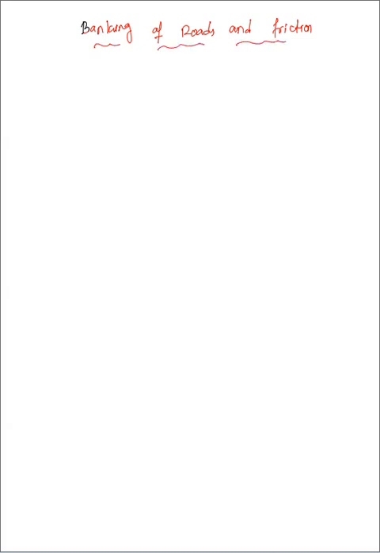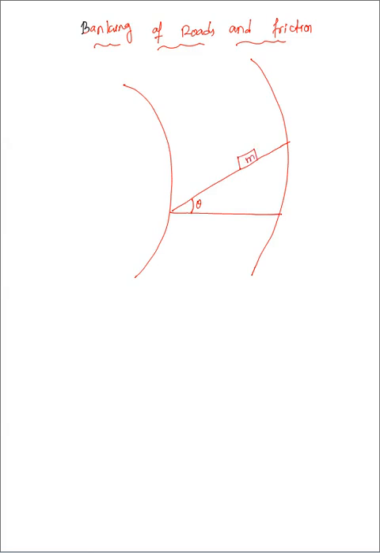So let me take one circular track like this. This is the plane surface and this is the inclined circular surface, banked with an angle of theta, and let us assume one car is there which has mass m. So that car of mass m is moving on a circular banked road.